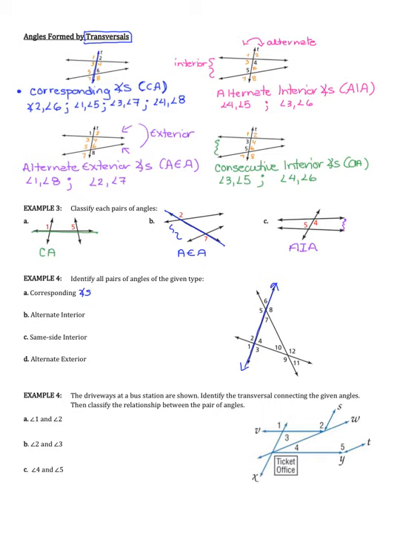So I noticed that 1 and 5 are both below, but on the same side. So you have angle 1 and angle 5. And then we also have angle 6 and angle 2. I'm going to write it in numerical order here. And then on the other side of that, you would have, say, 8 and 4.